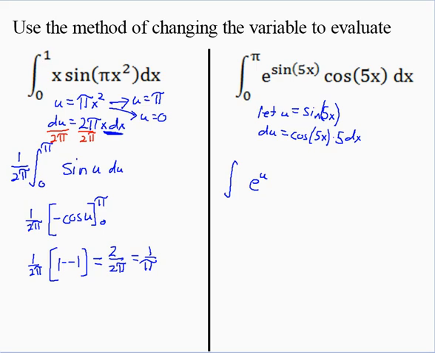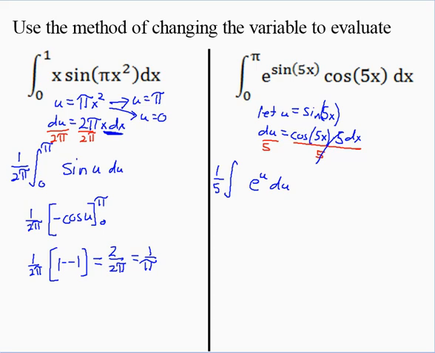We have this extra 5 here, so we would go ahead and divide both sides by 5 to make that equal substitution. So we can put in our 1 over 5 here, du, because cosine 5x dx equals that.